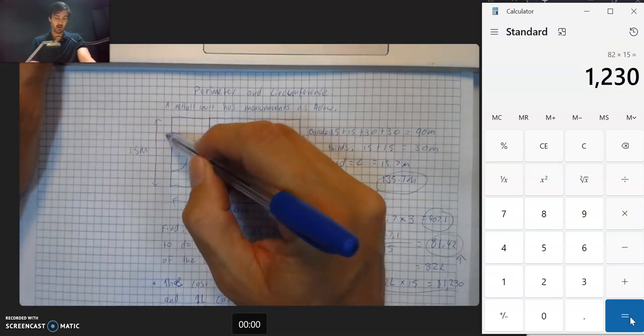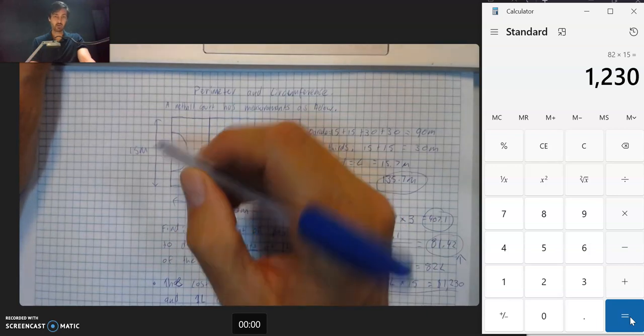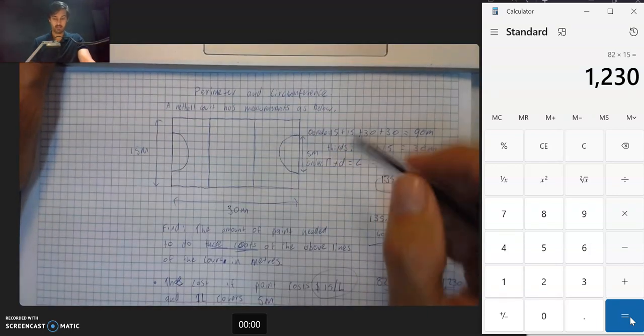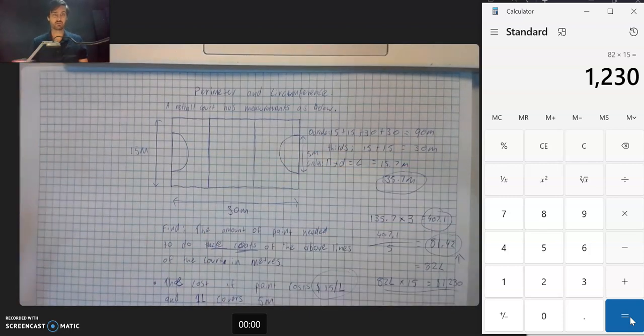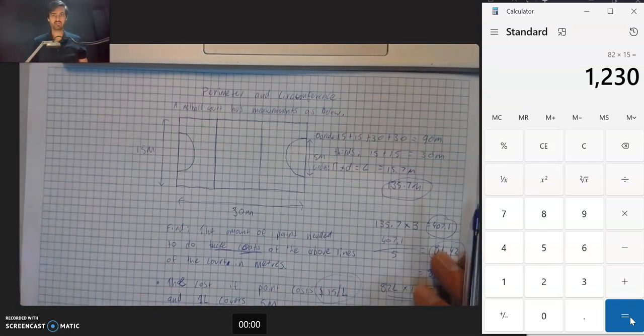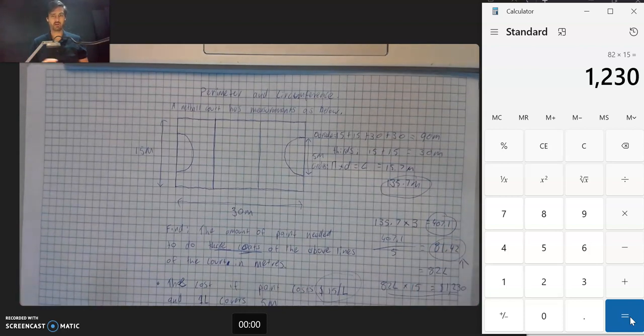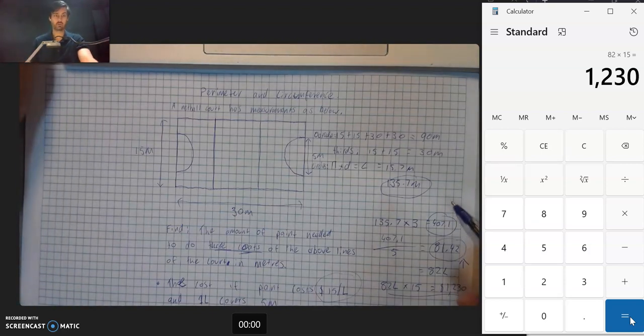And secondly, identifying that the circles need to be done, and the quickest way to do that is just by combining those 2 semicircles to form 1 circle. Obviously, we don't need to draw that. When I say combine, I mean we can combine them in our head to form one full circle. 2 half circles make a full circle, and it just makes our calculations a little bit quicker and easier, a little bit less messy, so there's less things that can go wrong.